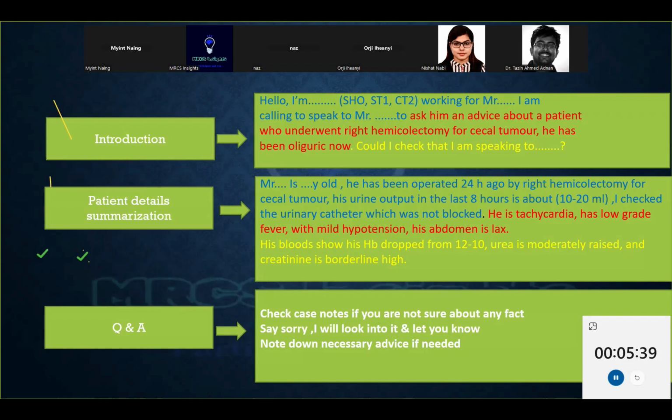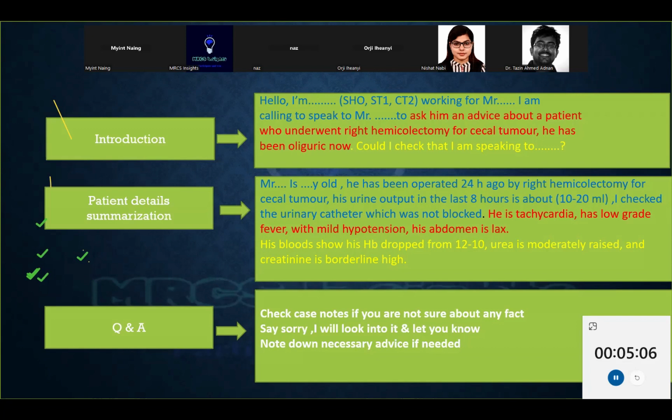At first we will start the fluid challenge, and before that we will resuscitate with normal saline and infuse it over 1 hour and monitor the patient till next morning. And if the patient needs to transfer to a higher dependency unit, we will do that, inserting a central line. And if needed, we can do blood transfusion also.